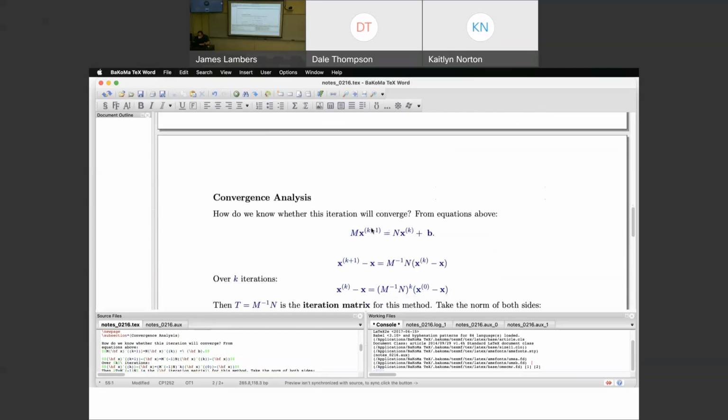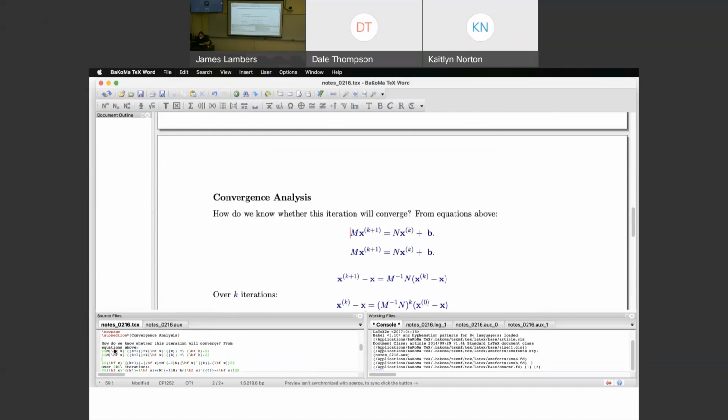Okay, so this is a starting point. This is our iteration. So now I'm going to multiply both sides by M inverse. And then I'm going to subtract the exact solution, x, from both sides.